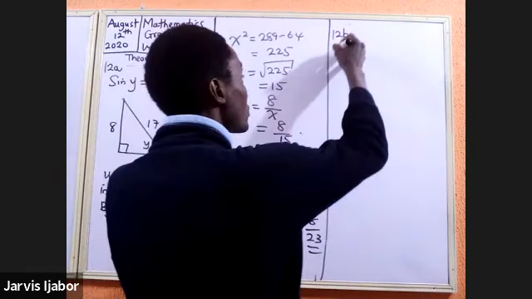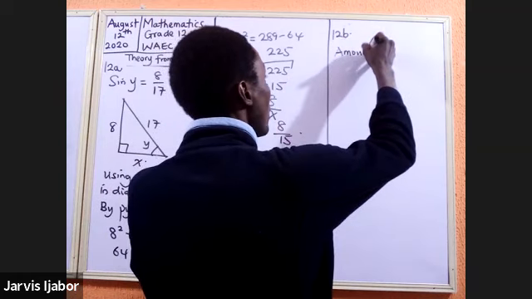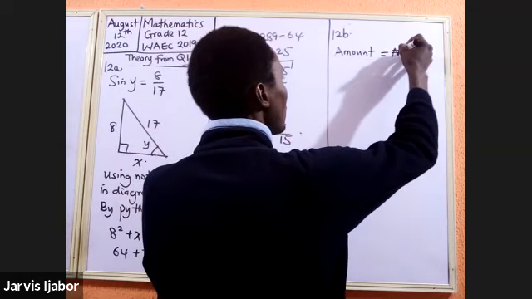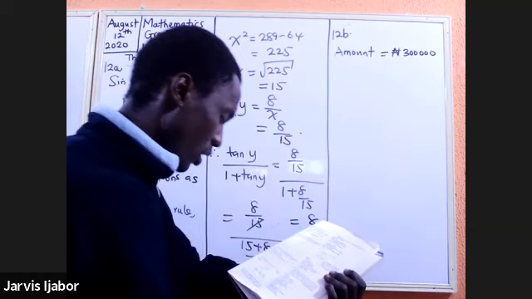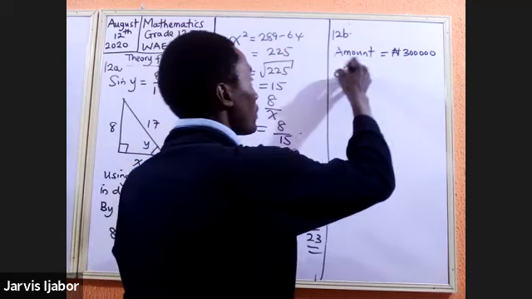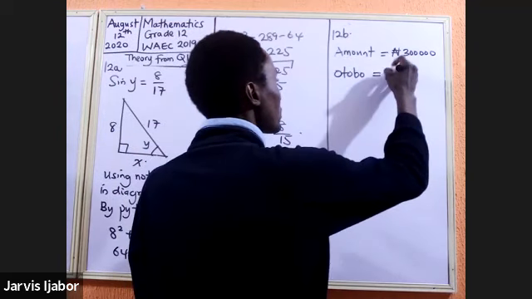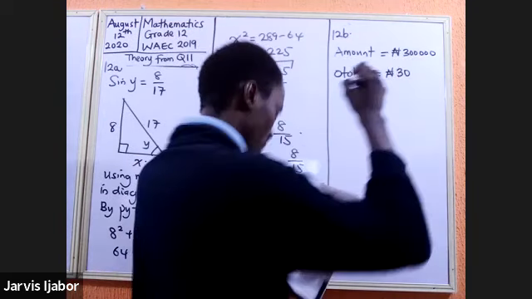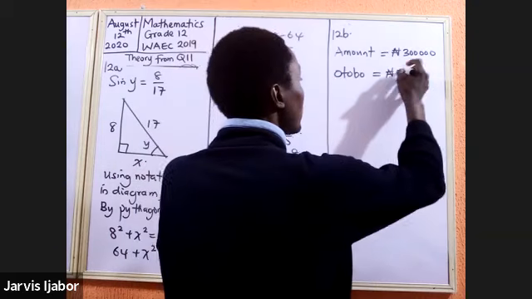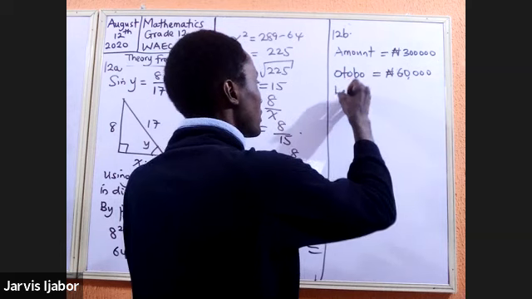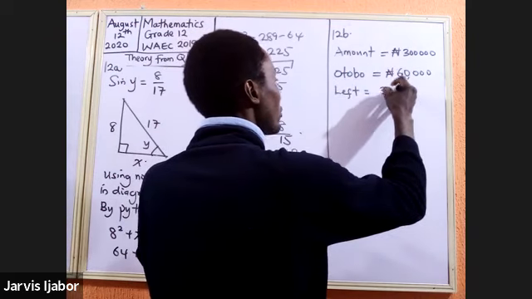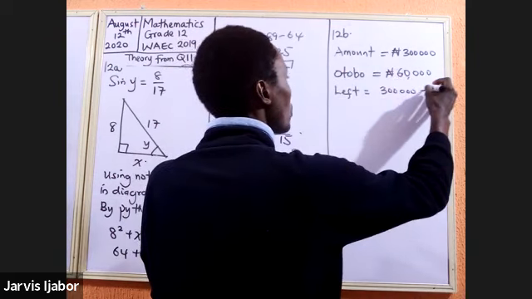The amount is what? 300,000. Then it says Otobo receives 60,000. What is left will be what? 300,000 minus 60,000.